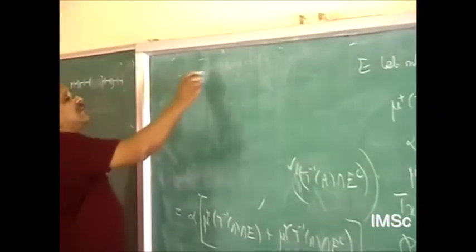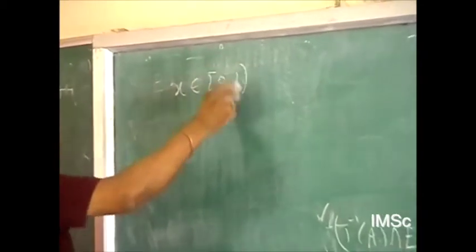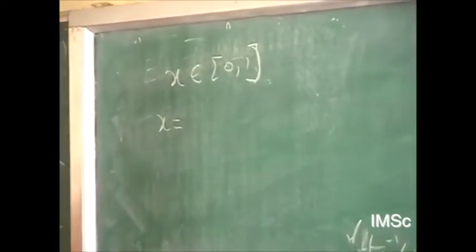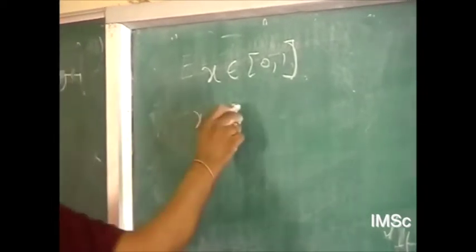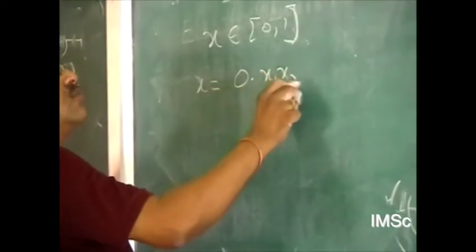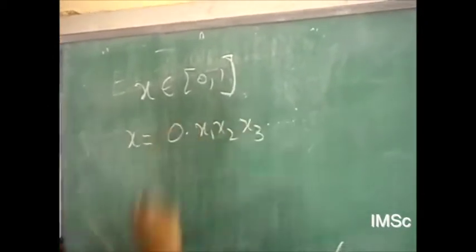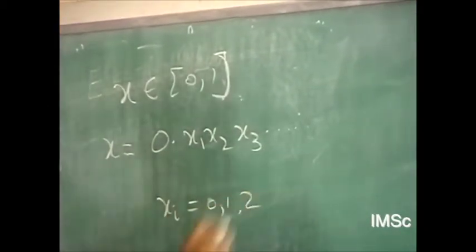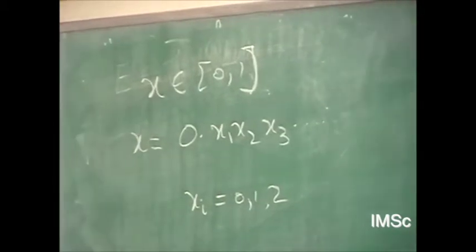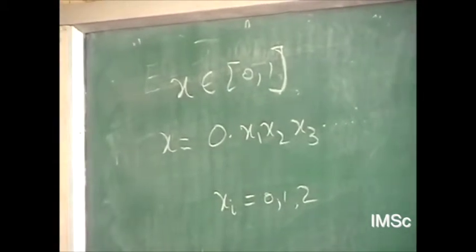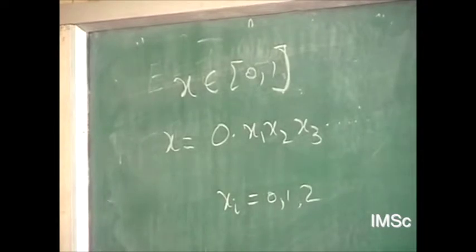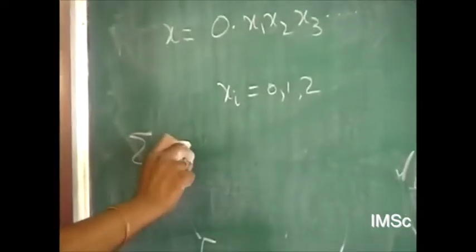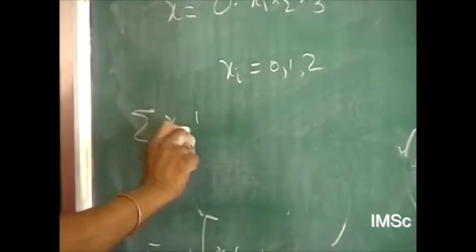Any x in [0, 1], I can then write it as a ternary expansion. So 0 point x1, x2, x3, etc., where xi is 0, 1 or 2. Okay? This is nothing but sigma xi into 1 by 3 power i.